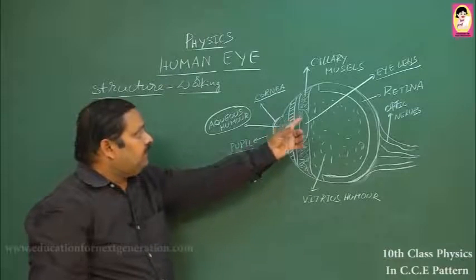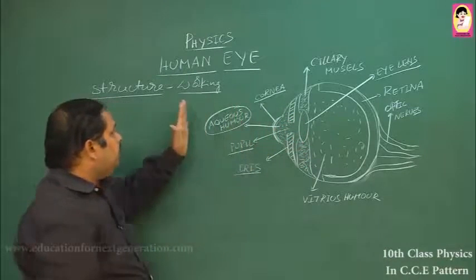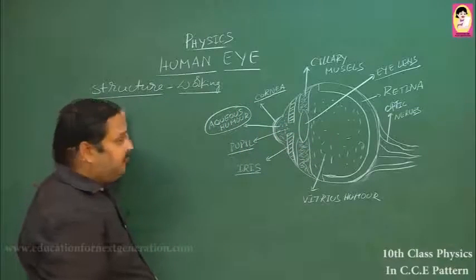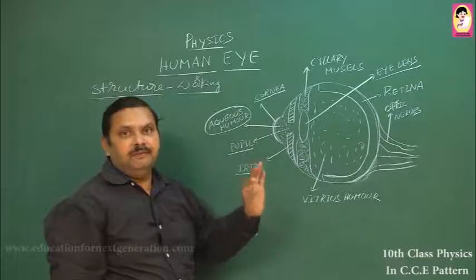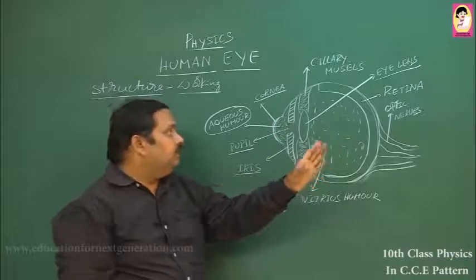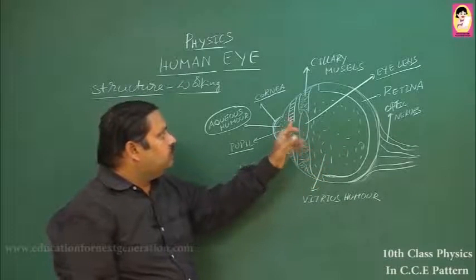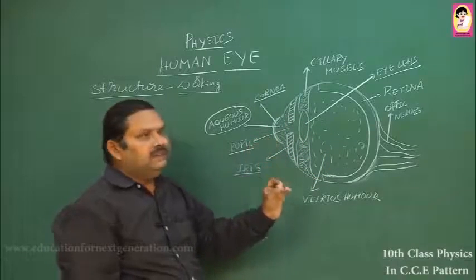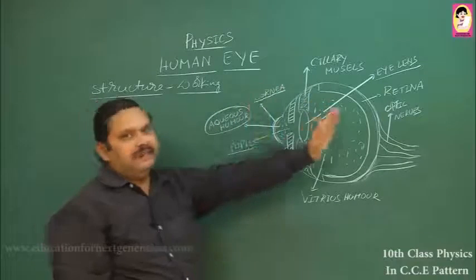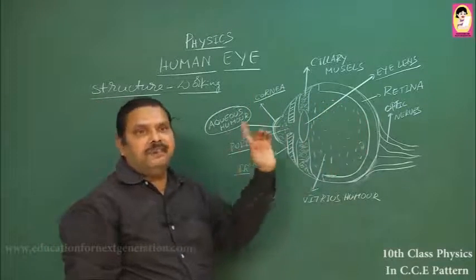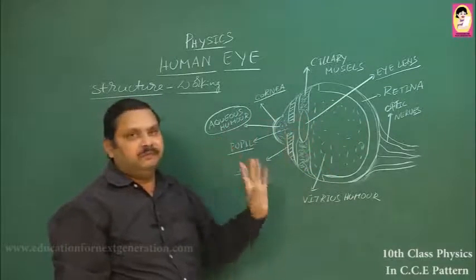The main purpose of this eye lens is, whatever may be the position of the object in front of the eye, it will be exactly focused on the retina. So the main use of the eye lens is to focus the object exactly on the retina.